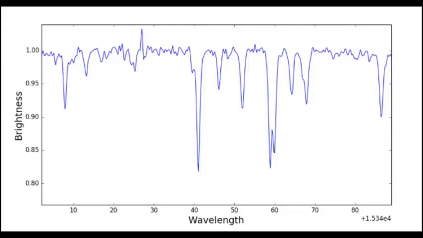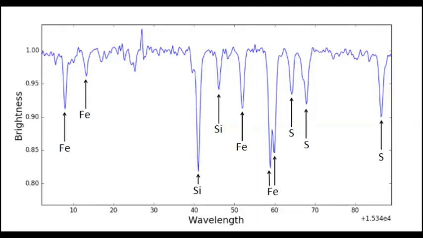Now, the scientific way that we often refer to these precise values of the wavelength is absorption lines. And here there are about 5 absorption lines for iron, a couple in the middle for silicon, and a few more for sulfur as well.